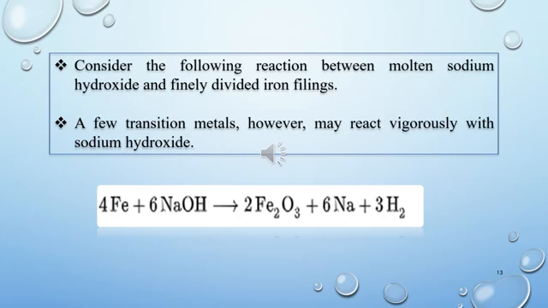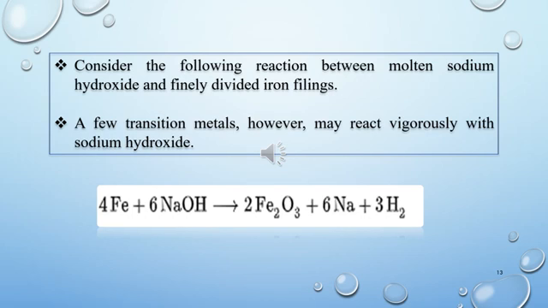Now, what will happen to it? Consider the following reaction between molten sodium hydroxide and finely divided iron filings. A few transition metals, however, may react vigorously with sodium hydroxide.